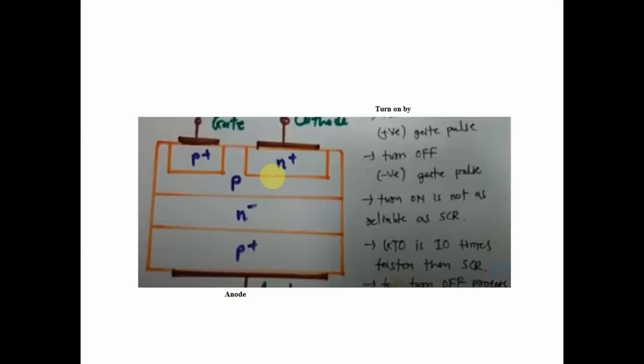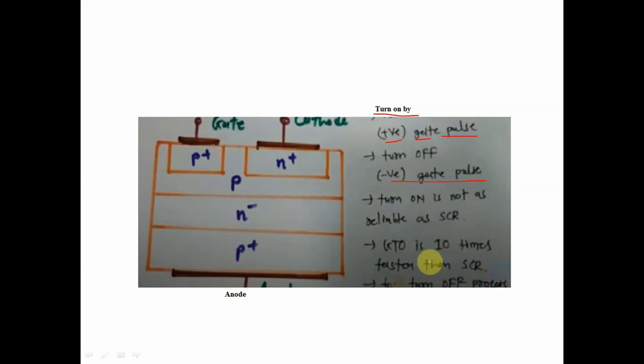Now we will study in depth. GTO is turned on by applying a positive gate pulse. GTO is turned off by applying a negative gate pulse. Turn on is not as reliable as SCR.